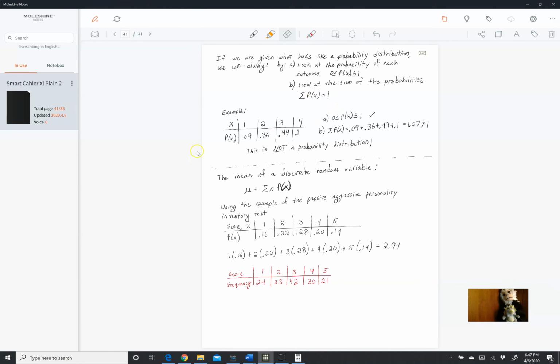So what's actually happening here is we're finding the mean, but we're using the frequencies to help us. So this is just a much shorter way of doing it. We're doing 1 plus 1 plus 1 plus 1, 24 times. There are 24 of these. Then we're adding to that 2 plus 2, 33 times.